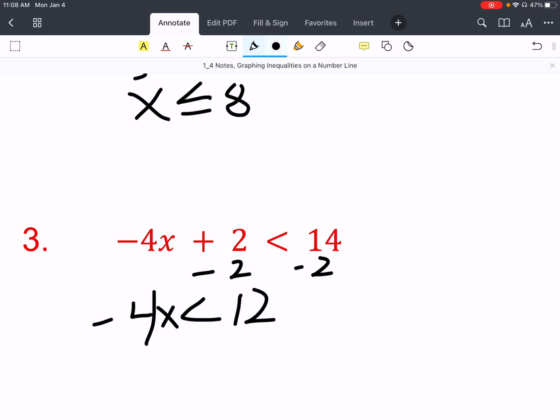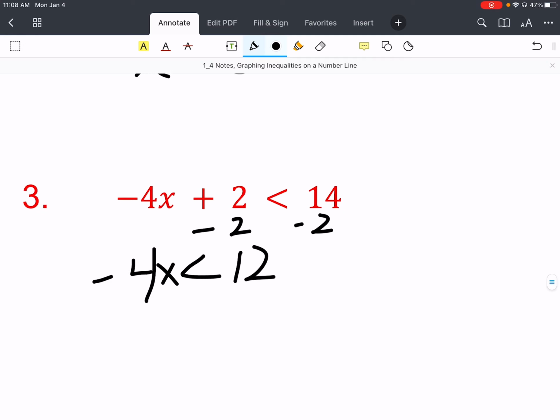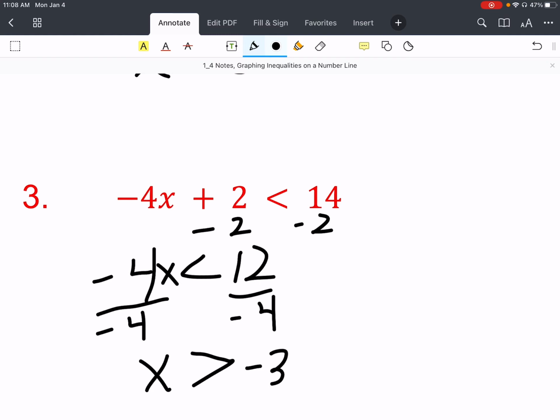And the tricky part here is going to be to understand that whenever we divide or multiply both sides by a negative number, we are going to have to flip the inequality. So we're going to have x here, we're going to have negative 3 here, but we have to flip the inequality. So the alligator is going to be eating the x now.